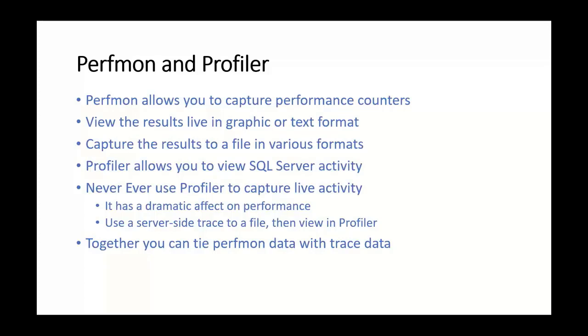We can check batch requests per second, we can check compilations, recompilations, etc. So with that, we can grab a bunch of information related to the host and to the SQL.